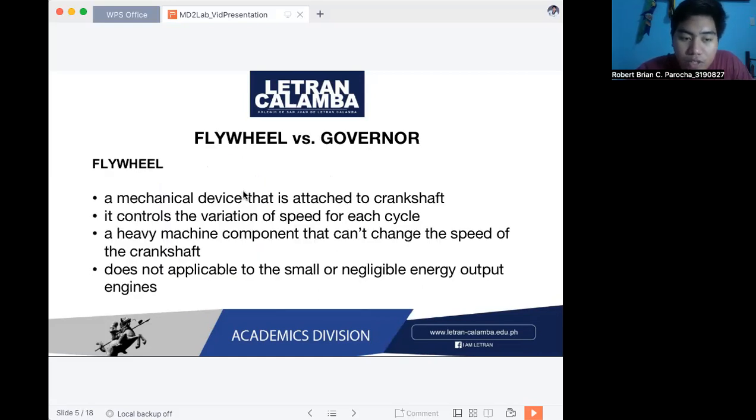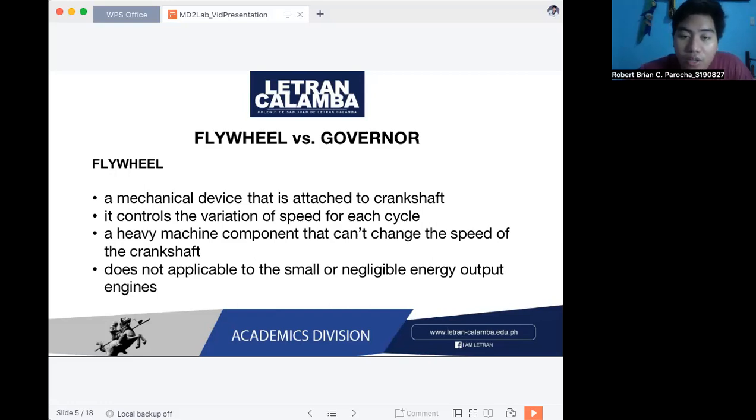A flywheel is a mechanical device that only stores energy, meaning it does not contribute to the work, but only releases energy when needed during the work cycle. It also controls the speed variation, which means it cannot change the speed of the crankshaft during the cycle. Also, it is not applicable to engines with small or negligible energy output.